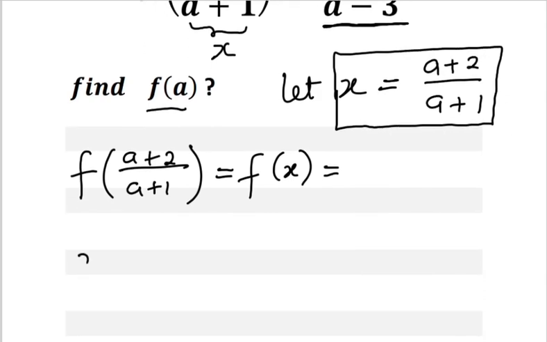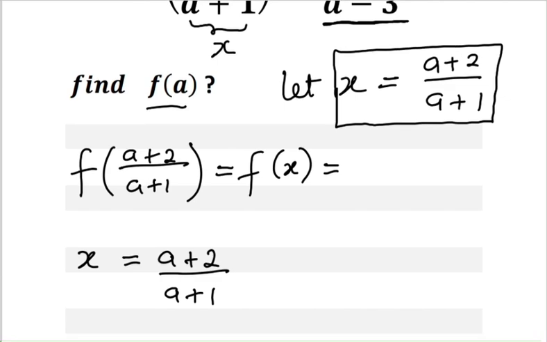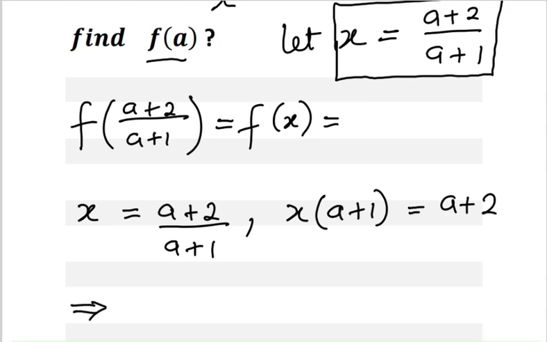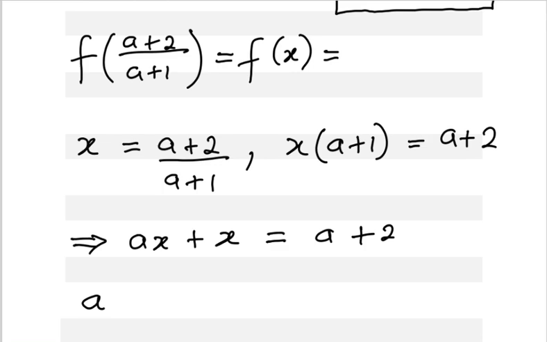So we'll start: x is equal to a plus 2 over a plus 1, and if we cross multiply, we're going to have x times a plus 1 is equal to a plus 2. This implies that ax plus x is equal to a plus 2. So pushing the a to the left side, we have ax minus a is equal to 2 minus x.